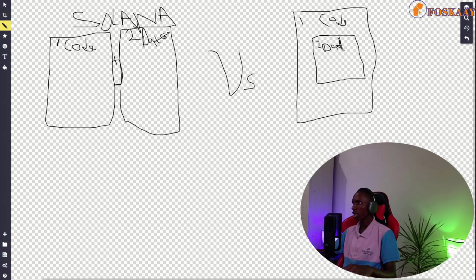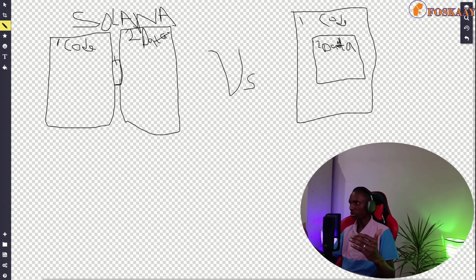When you look at the way these two are structured, you see that it's easier to swap this code without touching this contract, because it's two accounts on their own. But here it's difficult because everything is in one place.